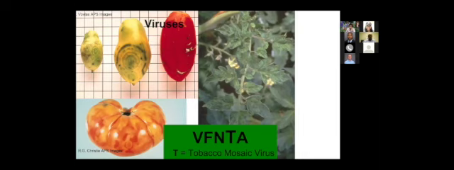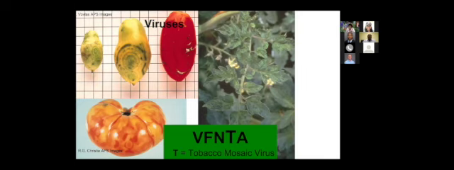Okay, still on tomatoes, moving quick because I've got a lot of ground to cover here in a few minutes. Viruses, we do have a virus problem in high tunnels. And this comes from a couple of sources. Cucumber mosaic virus, for example, is aphid transmitted.